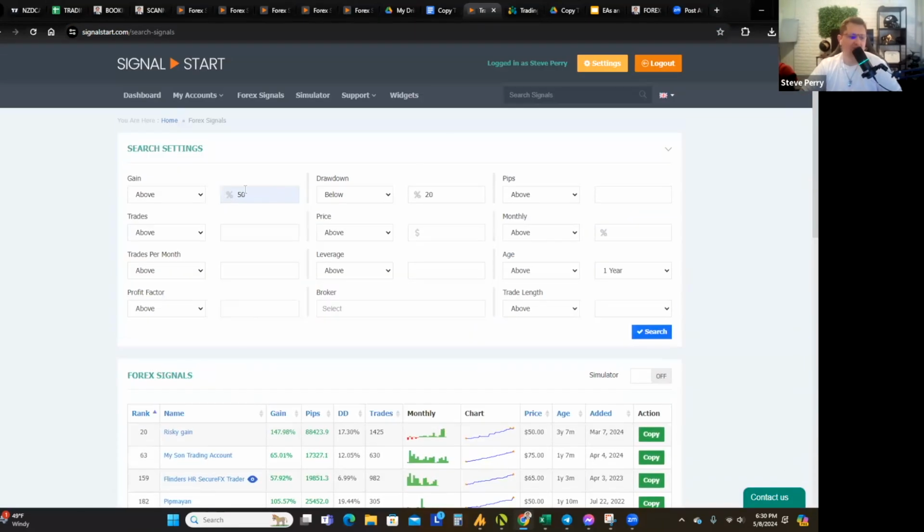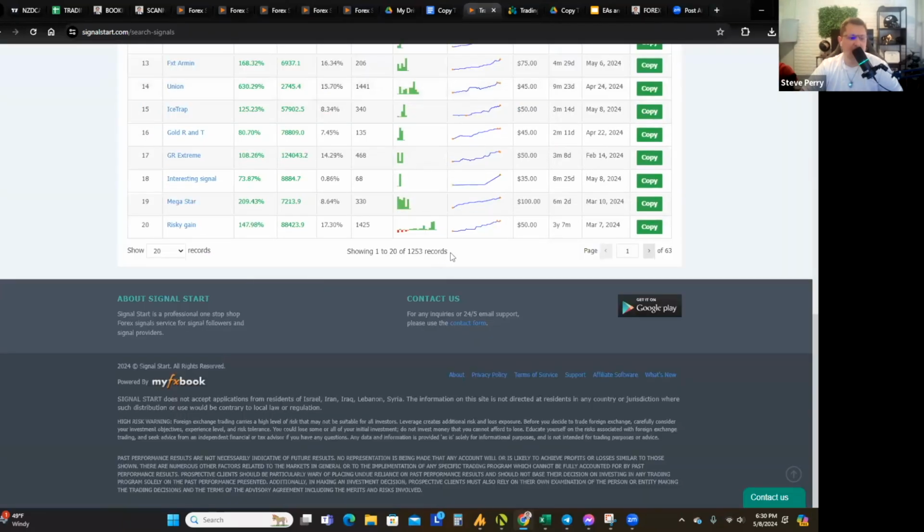Actually, before I do this, if I just go back here, let's turn these off. If I turn off all the metrics, you'll see there are about 1,253 different copy traders to select from. So there's definitely a lot of different places you can park your money.